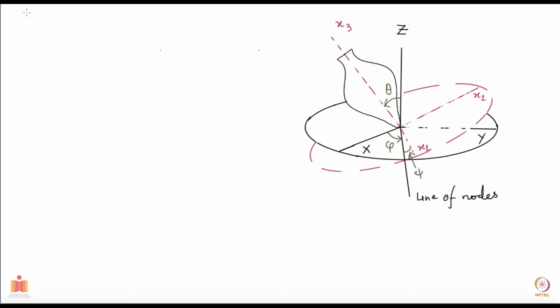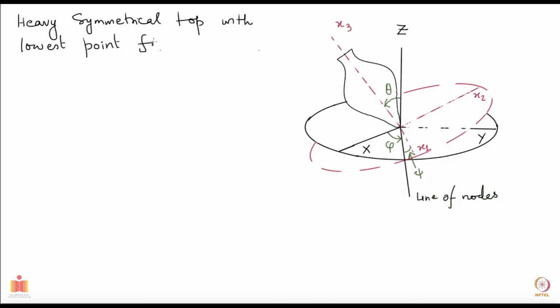So we want to look at a heavy symmetrical top with lowest point fixed. We have all the ingredients ready for us. We have already done everything that we need to analyze this motion.